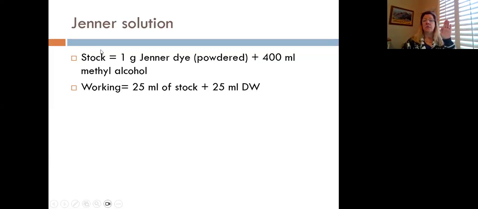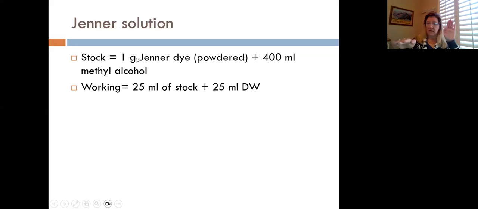When you add water to it, that is a working solution, which means now that solution is able to go onto the tissue. So stocks are just pre-made, hanging out, waiting to be made into a solution that we can use on the slide.